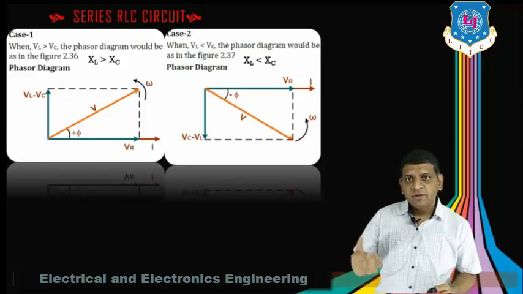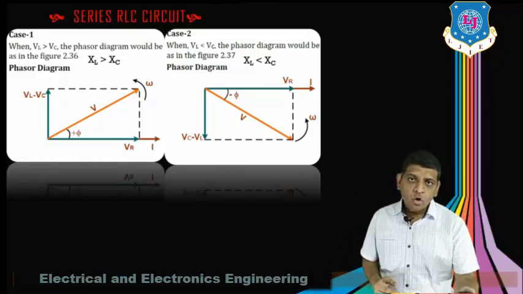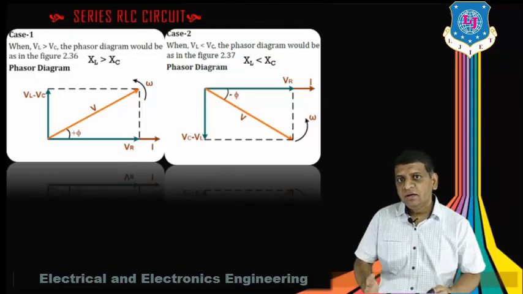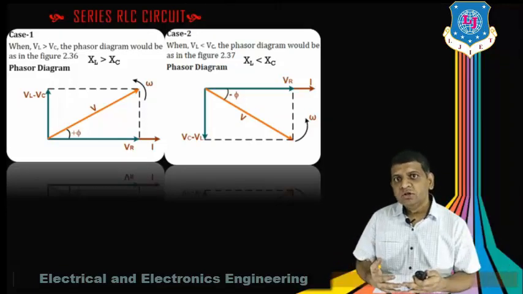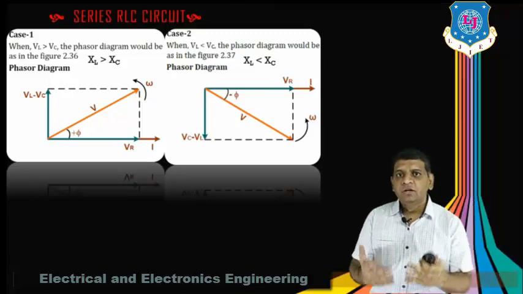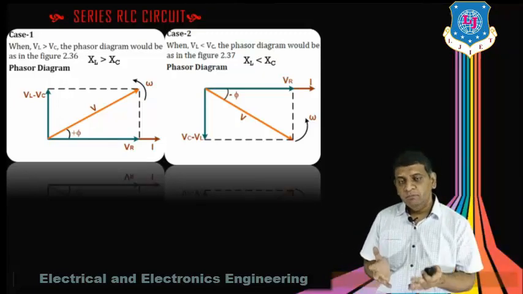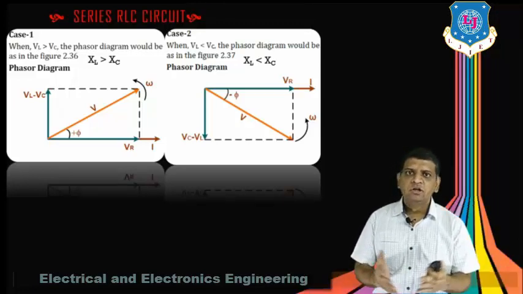So here the phasor diagram direction is above the 0, but this is not the case with VC greater than VL, where XC greater than XL, that means the reactance of the capacitor is higher than the reactance of the inductor, right? But for case number 1, the reactance of the inductor is higher than the reactance of the capacitor, right?